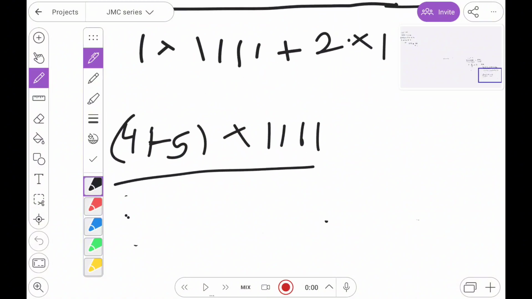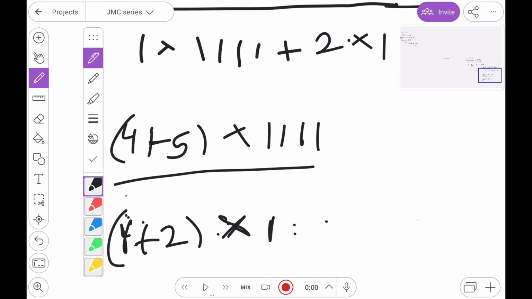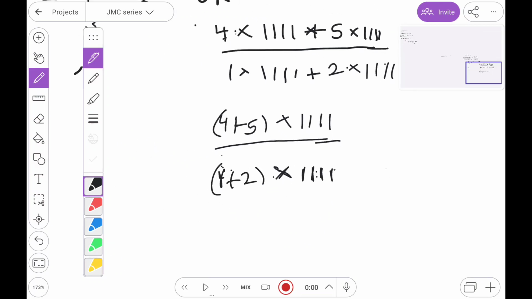Divided by 1 plus 2, 3 times 1,111. Oh, wait, that's the exact same as 9,999 divided by 3,333.